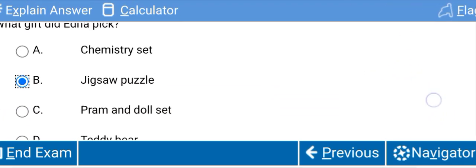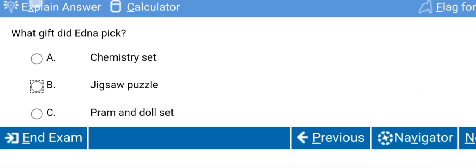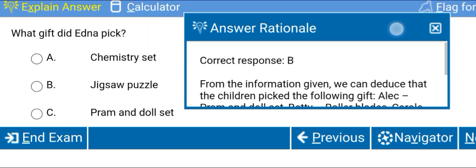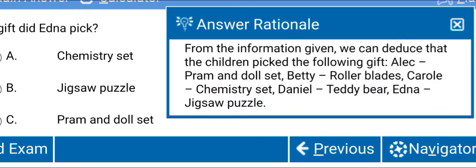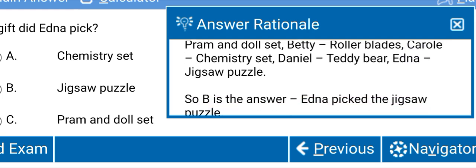So let's see which one is the gift that Edna picked. The correct response is option B. From the information given, we can deduce that the children picked the following gifts: Alice, pram and doll set; Betty, roller blades; Carol, chemistry set; Daniel, teddy bear; and Edna, jigsaw puzzle.